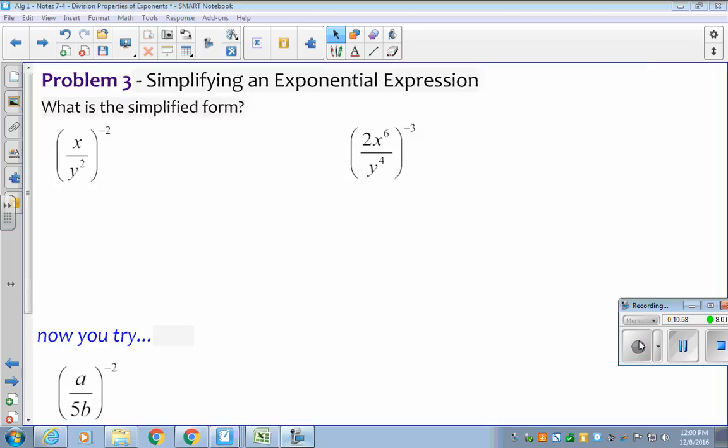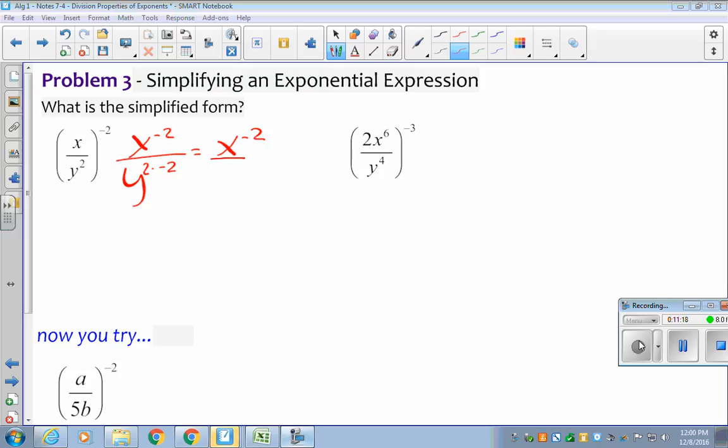Now we have the situation where you have a negative. We're raising it to a negative exponent. So let's see if we can come to a consensus here. My x is going to get the negative 2, and my y is going to get the negative 2. So it's going to be x to the negative 2 over y to the negative 4.